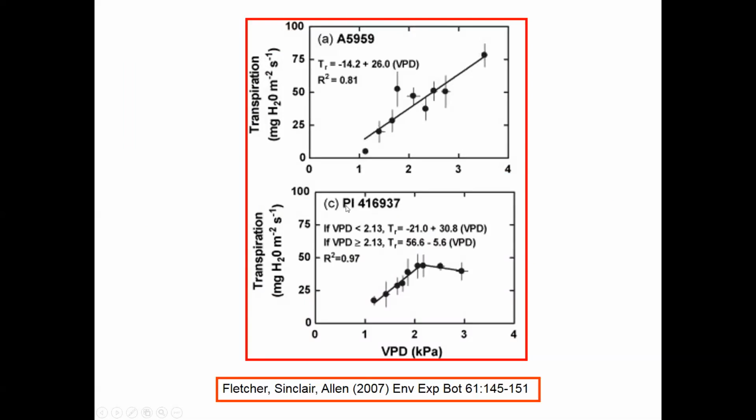In a different genotype, PI 416937, we see that transpiration increases up to a threshold of around 2 kilopascals, and then it plateaus and no longer increases with increasing vapor pressure deficit. This would, of course, improve the water use efficiency of PI 416937 under high vapor pressure deficit conditions compared to AG5959.